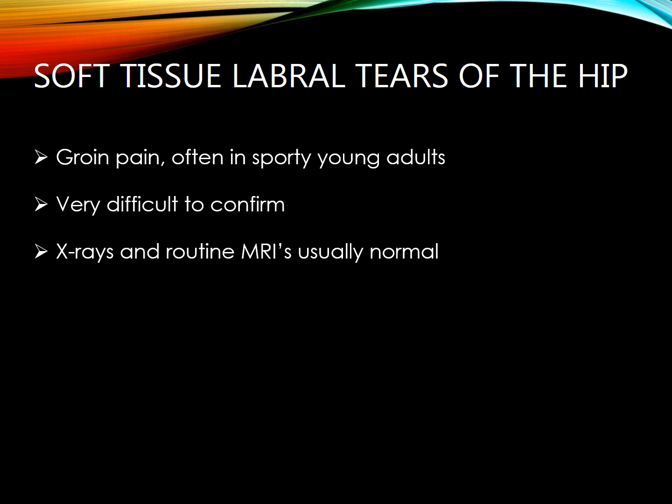And it was discovered maybe 25, 30 years ago that in order to show the tears, you had to do an MRI arthrogram. In other words, you had to inject dye into the hip and then do an MRI scan. That was the only way that you could diagnose it. And so we realized then that there was a genuine reason for these patients who were initially labelled psychological.